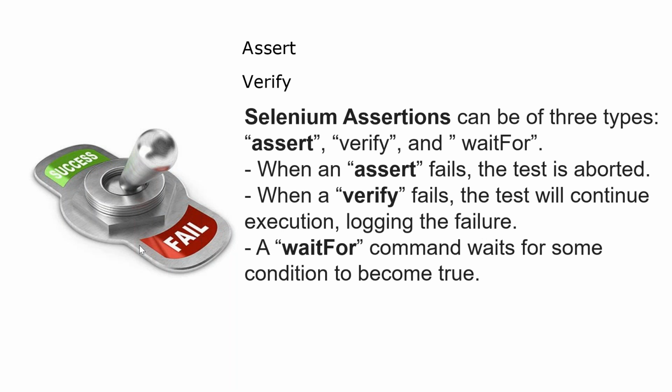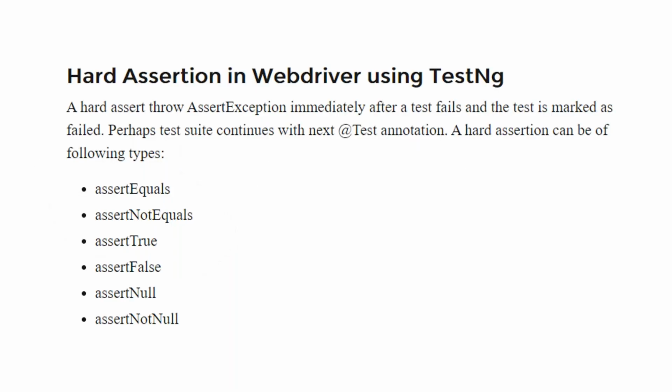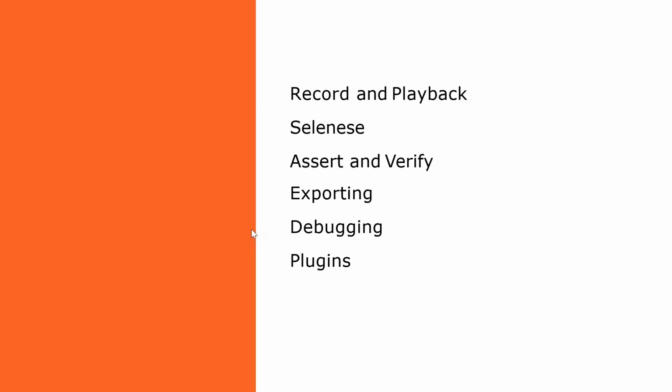So these are the three types of assertions we have. A few others are available, which I'm just showing you for reference purposes, not to do. Now this is something which we will do.